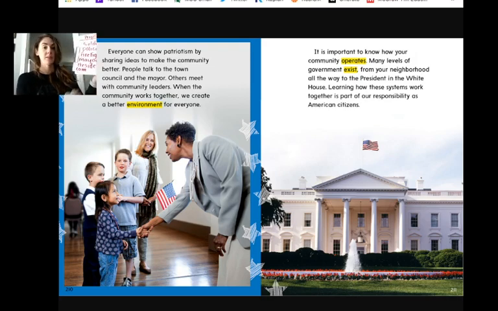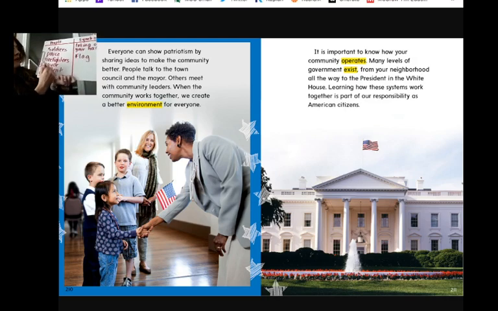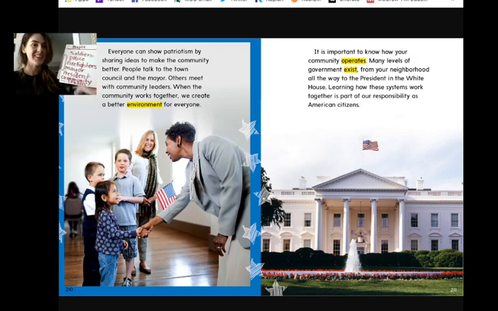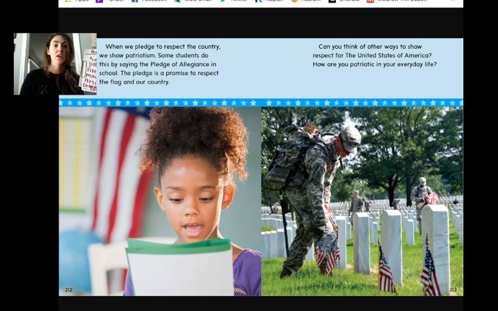Maybe that lady that's shaking the hand of that little girl is a community leader. Community, I'm gonna run out of space. Leader. Community leaders. Good.